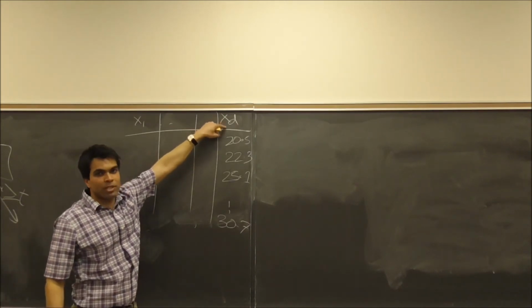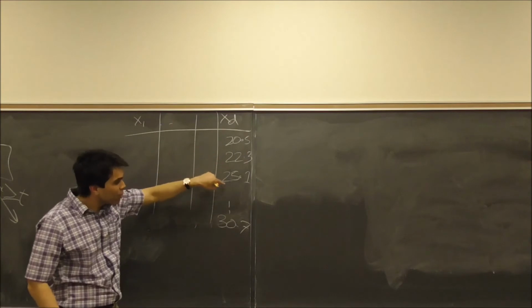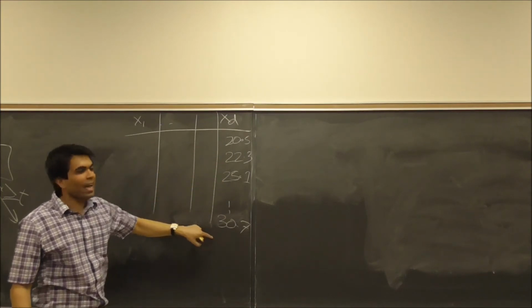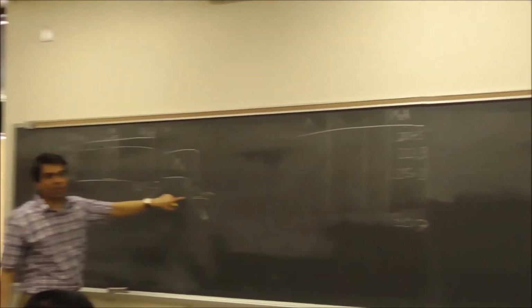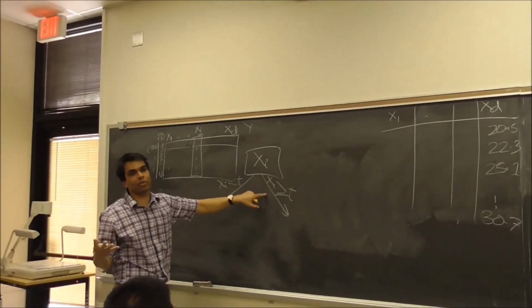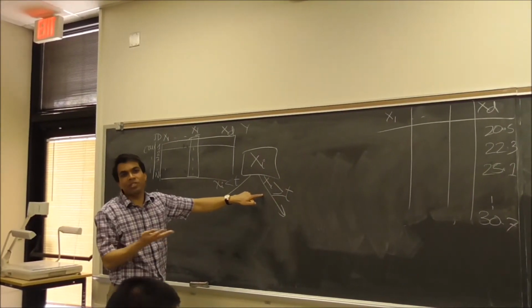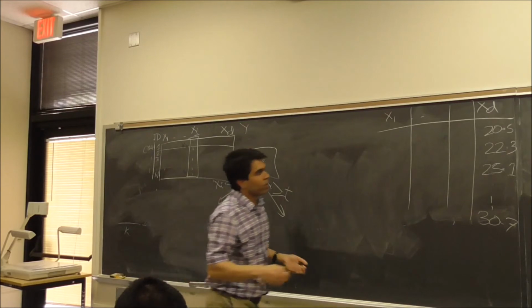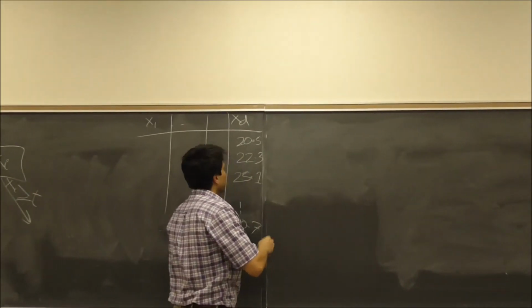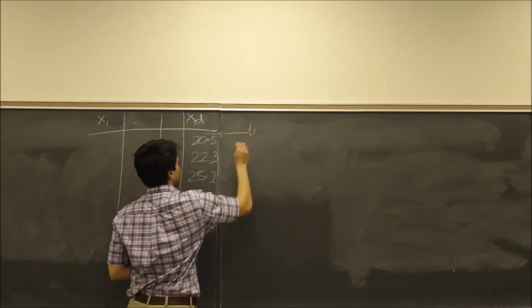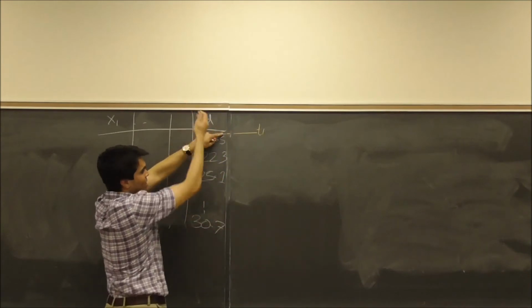Even though this variable is continuous, I only have n data points. So when I care about these thresholds, there are only n plus 1 thresholds that could possibly make any changes to this data set. There's one threshold here, this is T1, everything greater than T1, everything less than T1.